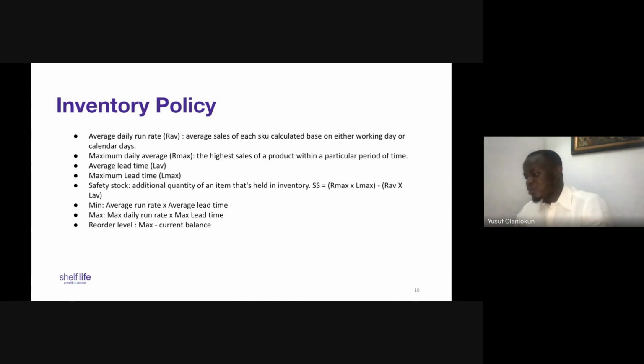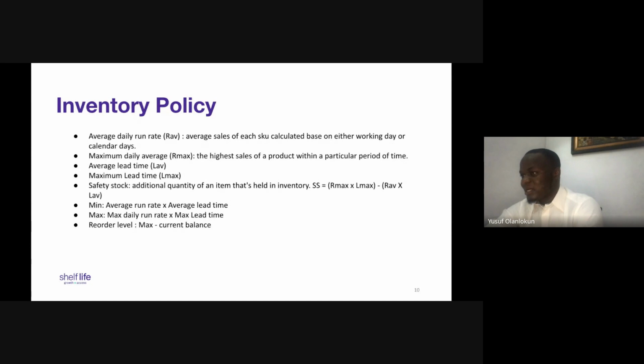For those products, how are you going to determine the extra that you need to keep? That is majorly around multiplying the maximum daily run rate by the maximum lead time, then you subtract the average daily run rate multiplied by the average lead time from it.